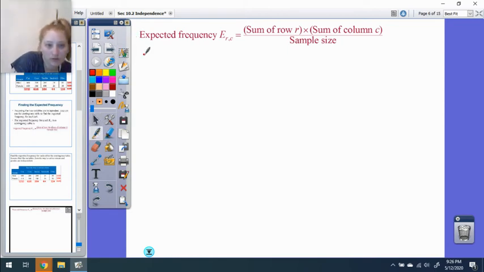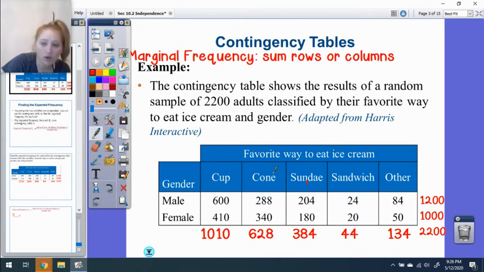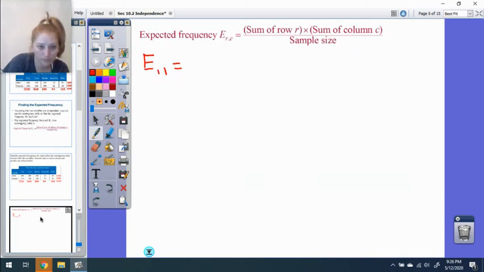If I look back to my chart, we need the sum of that row, which is 1200, and the sum of the column is 1010. We're going to divide that by our 2200.